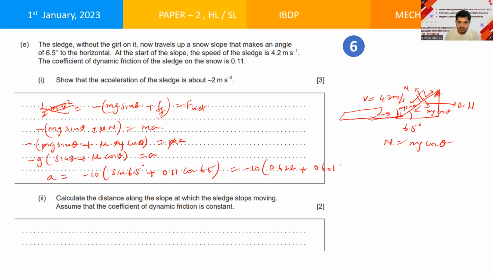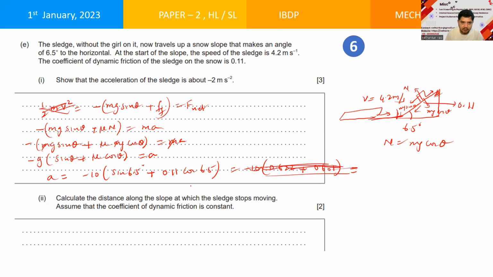Okay, this whole thing. And this should now be equal to 0.622 plus 0.621 multiplied by 10. I'll keep it just like this. Okay, it's correct, sorry. You just do these calculations.